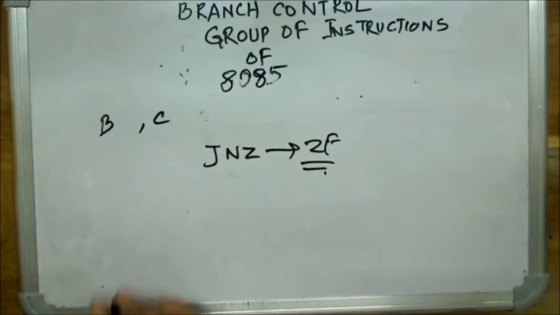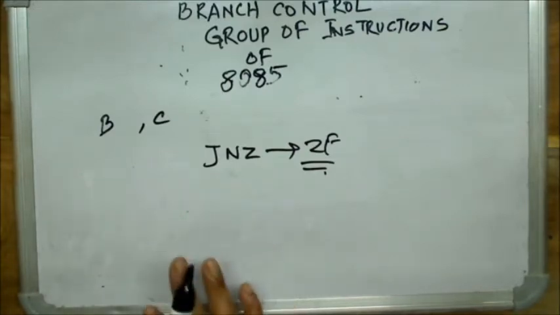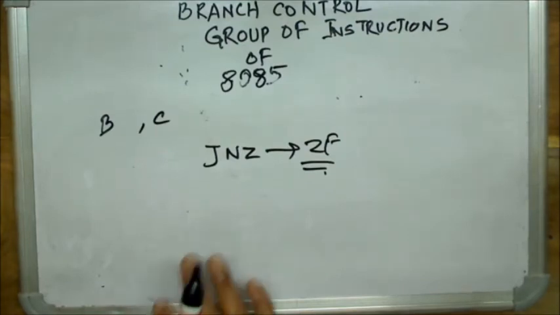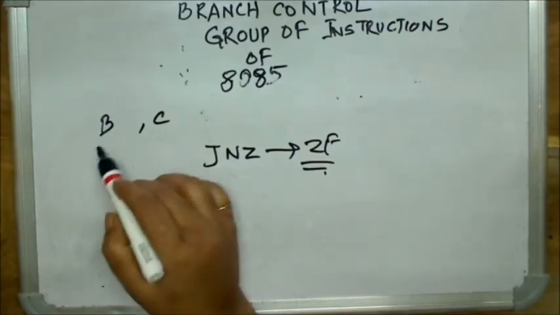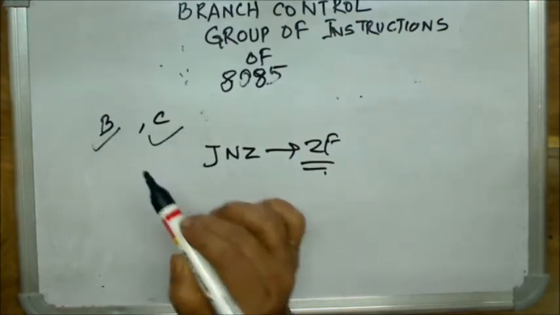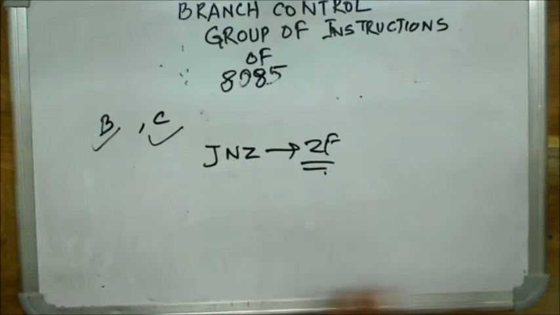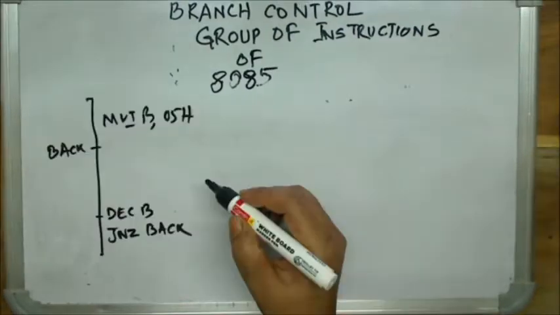No matter which register you decrement, the flag register is affected. So JNZ checks the flag register; it checks neither the B register nor the C register. Remember this point: the conditional jump instructions always check the flag register.